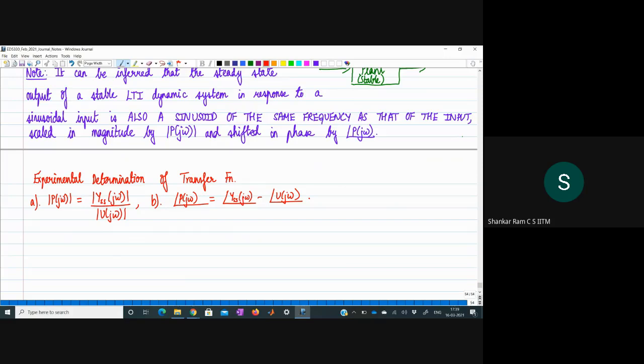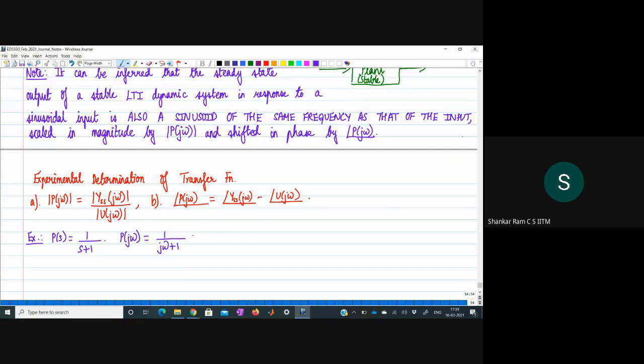Essentially, this P of j omega is what is called the sinusoidal transfer function. So how do we represent it? Let's take a simple example, P of s equal to 1 by s plus 1. Then P of j omega will be equal to 1 divided by j omega plus 1.